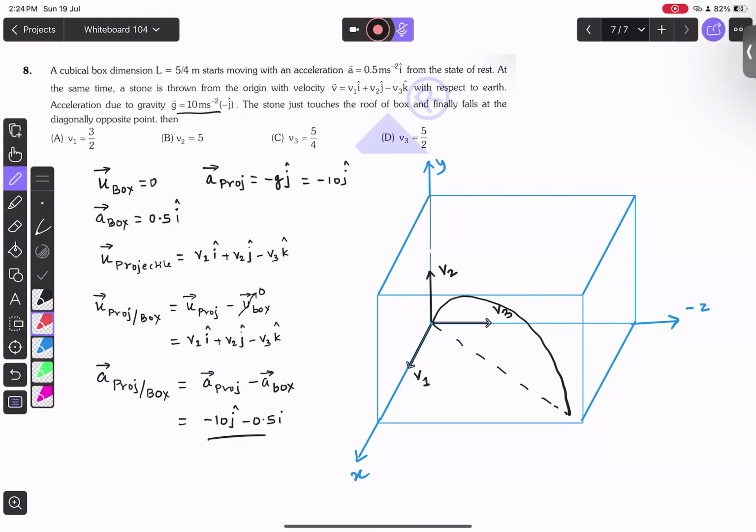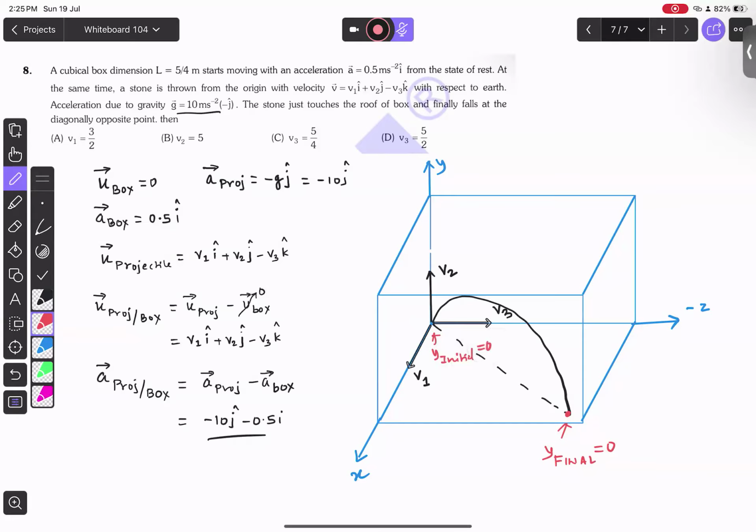So who decides how long the particle stays in air? The vertical things only. So whenever it hits here, tell me what the final y coordinate will be. Final y will be 0. And from what point is it thrown? Origin. So initial y is 0.